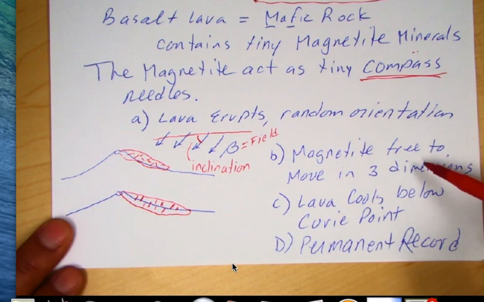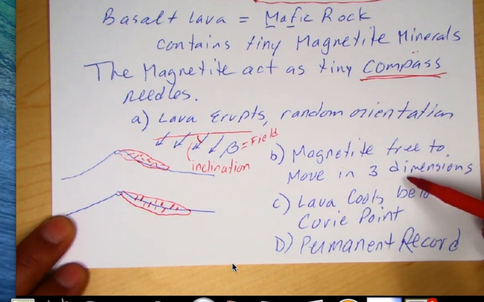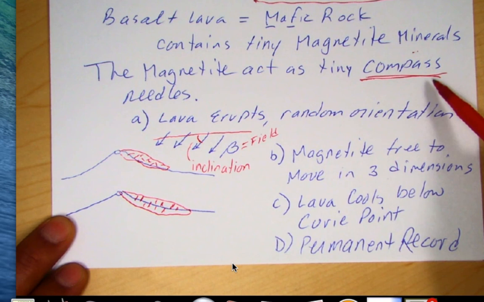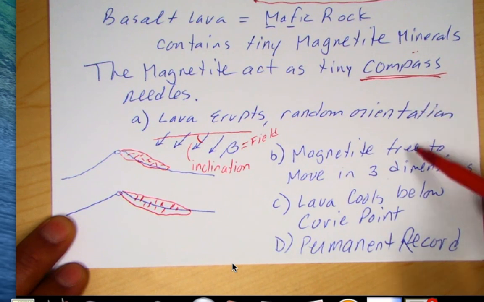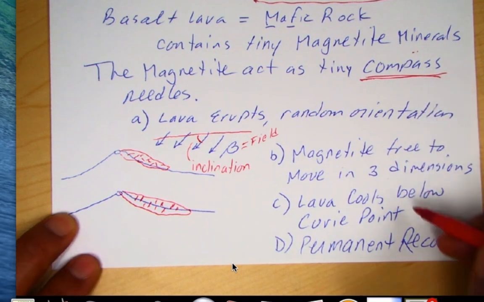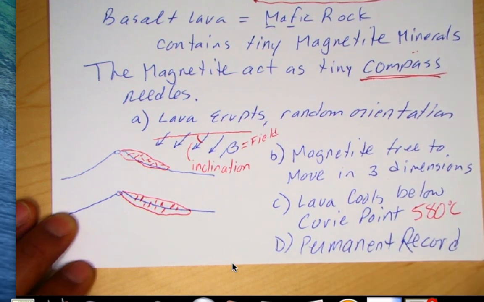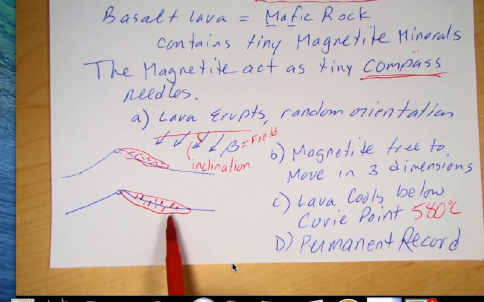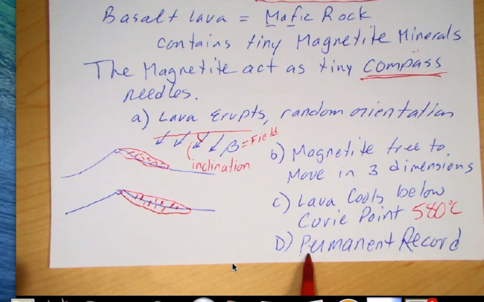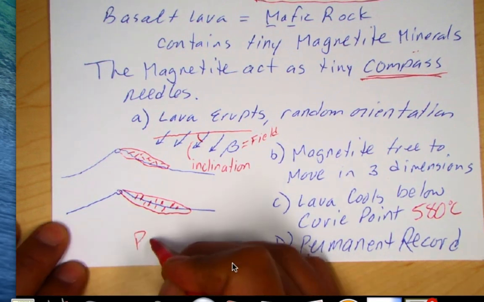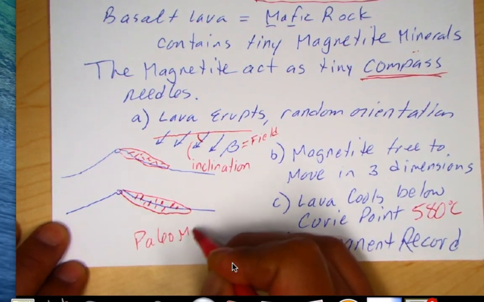All right, so we have the magnetite reorienting themselves, like tiny compass needles. And then lavas cool below the Curie point, and that Curie point is 580 degrees centigrade. That's the temperature at which these little magnetic minerals, the magnetite, get locked in, and we end up making a permanent record. So now we have the paleomagnetism.